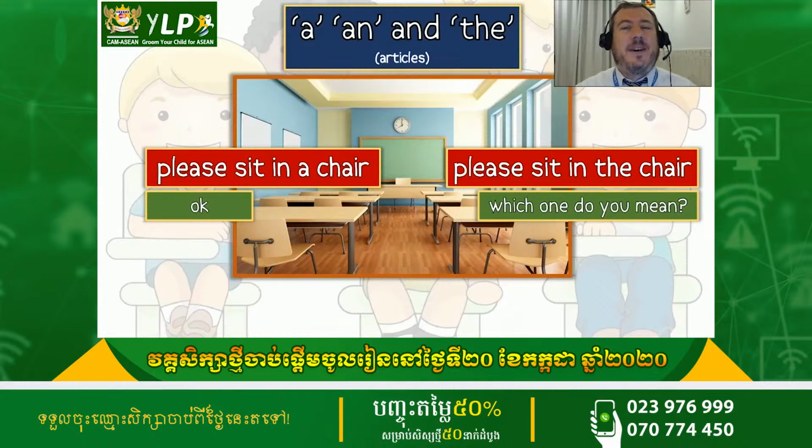Because if I said the chair, it means that I know in my brain which chair I want you to sit in. Because when we use a or an, it just means one of many. It's not important which one. Please sit in a chair. It doesn't matter which one, just a chair. But if I say please sit in the chair, it means that I know which chair I mean. And because you don't know, I haven't told you, you would have to say, which chair?